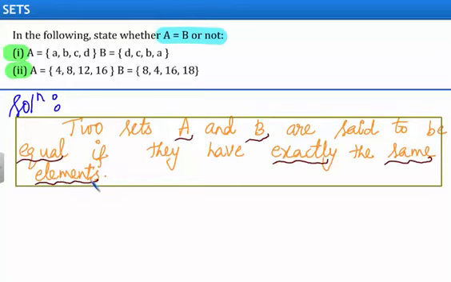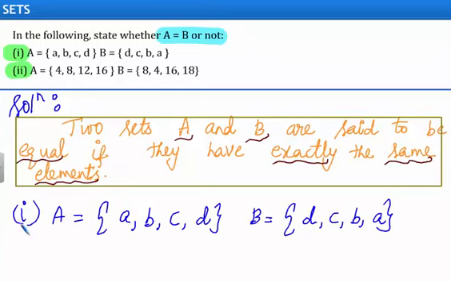While identifying equal sets, we need to keep this point in mind. Some sets may have equal number of elements but not exactly the same elements. Those sets are not equal. Consider the sets given in part 1.